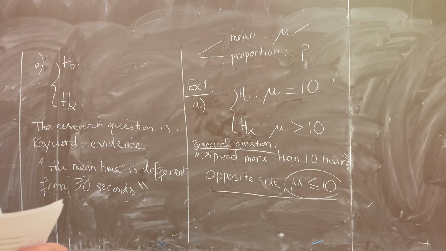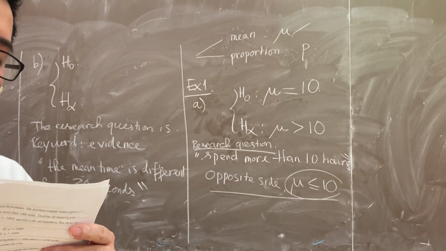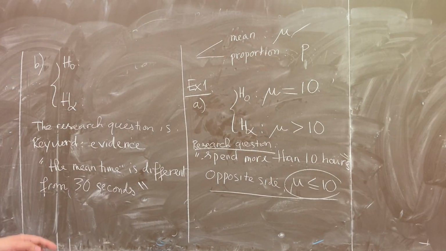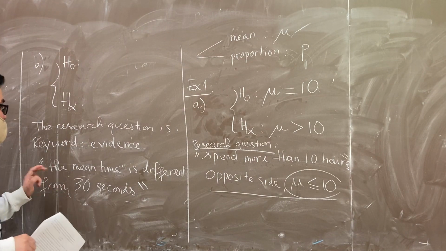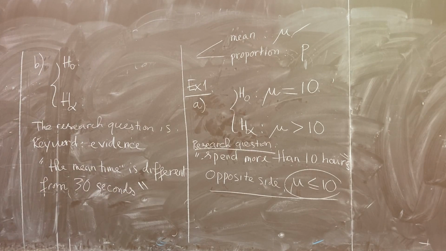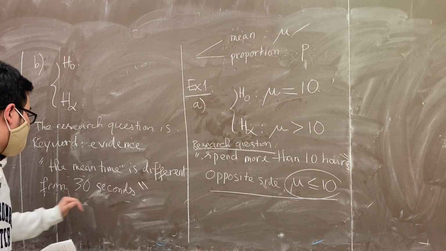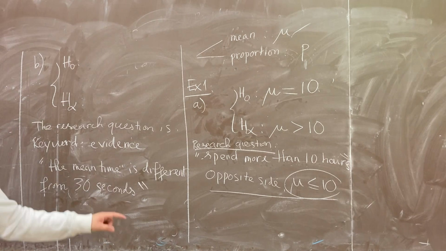Because in the research they said a dog can hold their breath for 30 seconds, and the research group here say that the mean time is different from 30 seconds, right? It's different if the water temperature is colder. The difference here means that it's different from 30 seconds, right? Is it clear?